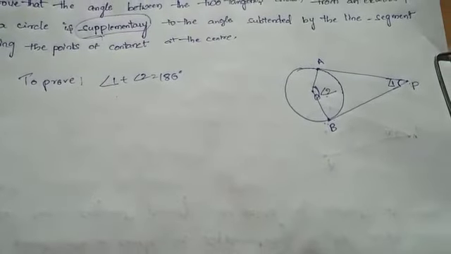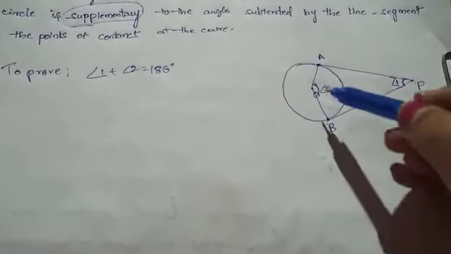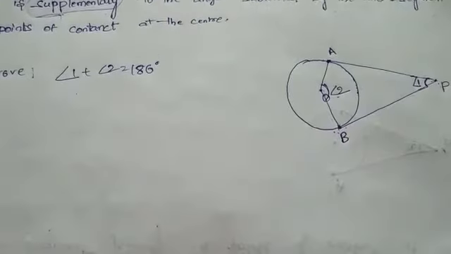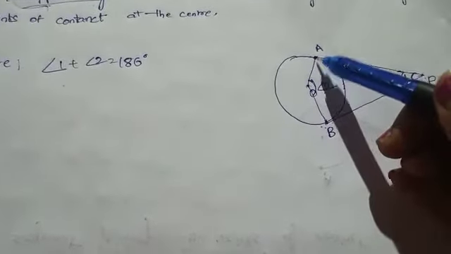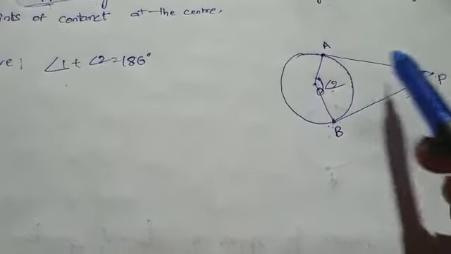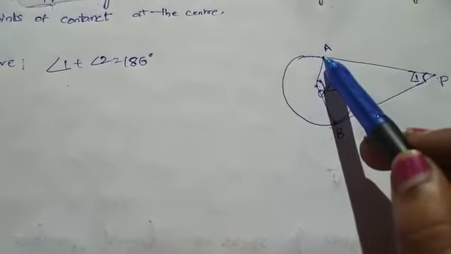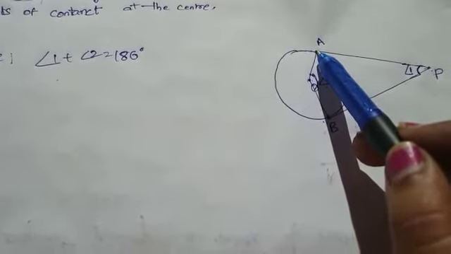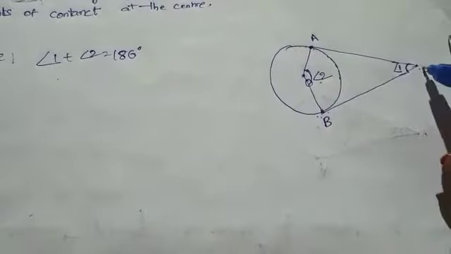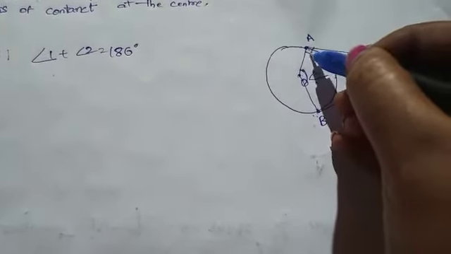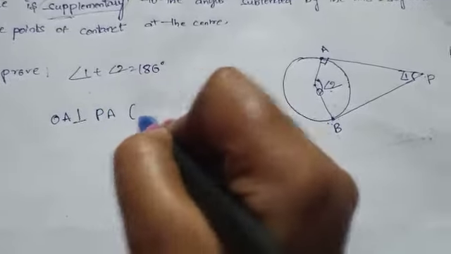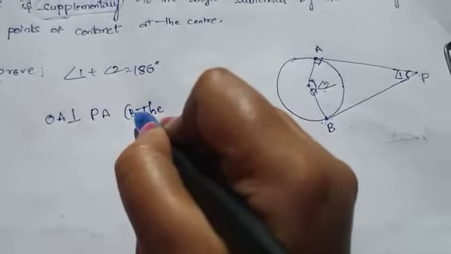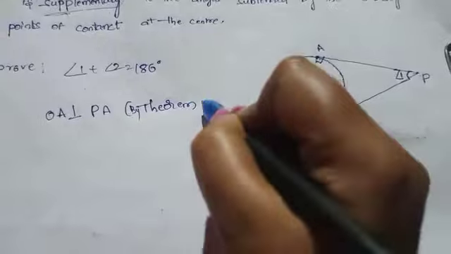See this figure. Here OA and OB are radii and PA and PB are tangents. According to Theorem 10.1, the radius and tangent are perpendicular to each other at the point of contact. Here OA and PA are perpendicular to each other at the point of contact A. OA is perpendicular to PA by Theorem 10.1.